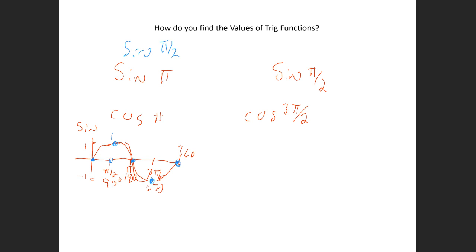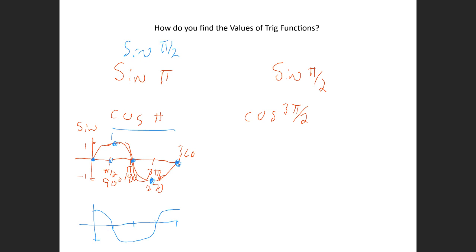Okay. Now we're going to do cosine. Cosine is exactly the same thing, so this is pi over 2, pi, 3 pi over 2, and 2 pi. The only difference is cosine starts here, then it goes down, comes back up, goes here. So if I asked you what is the cosine of pi, what would you say?